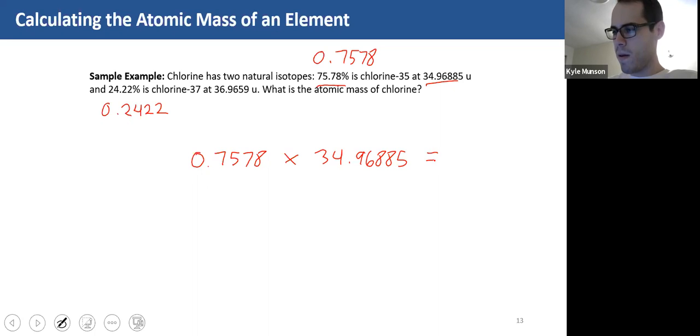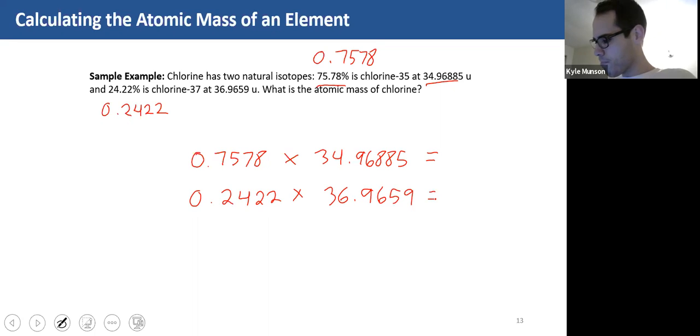And then 0.2422 times 36.9659. When you do those calculations, for the first answer I get 26.50. Again, pay attention to the sig figs here.